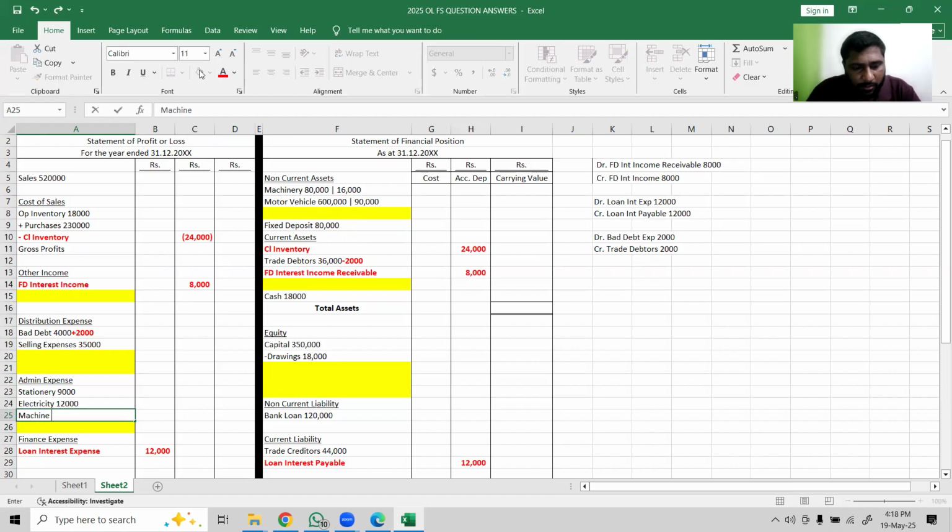Machine depreciation 8,000, debit. Debit machine depreciation expense 8,000.